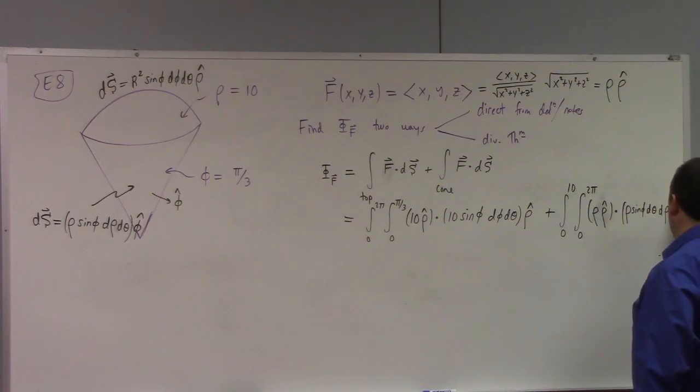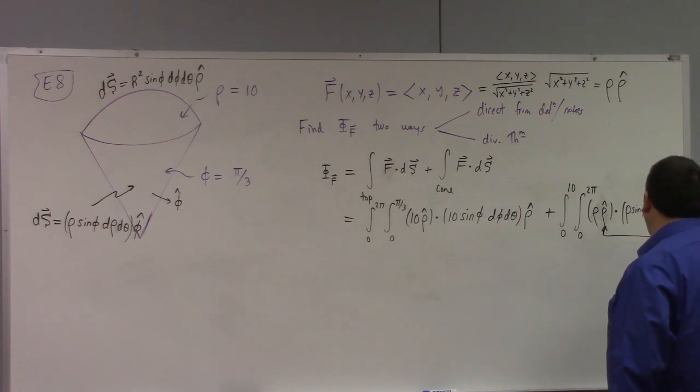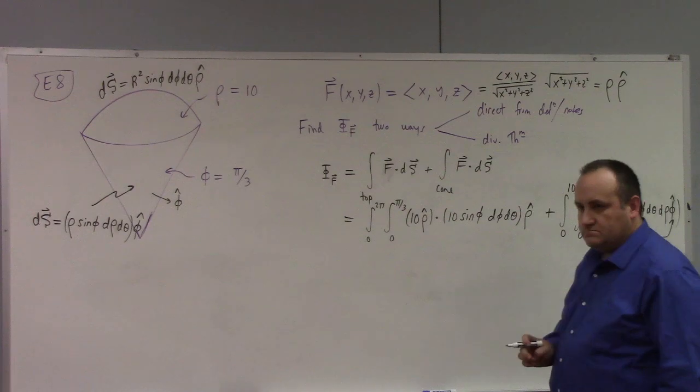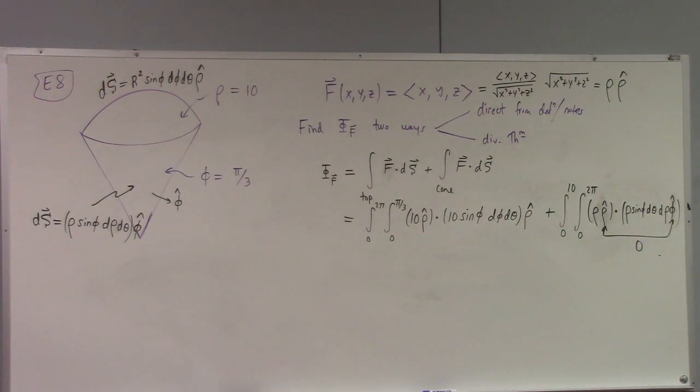And then there's a phi hat in here somewhere. And Sam is actually right. Of course, the phi hat dot rho hat is 0. So that piece is 0.